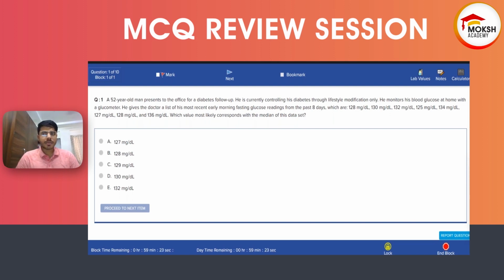So here they're basically asking you to calculate the median. The median is the middle value. To calculate it, you need to arrange the values in either ascending or descending order. If there is an odd number of values, it will be a single number.